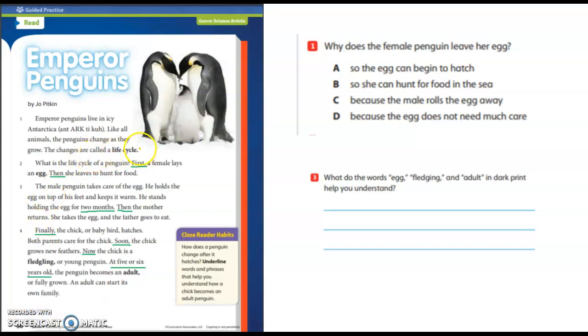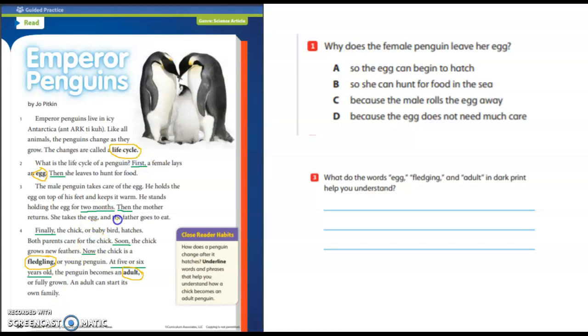I want to point out some text features. Now, text features give us more information about a text. I see some really important bold words. So we have life cycle, egg, fledgling, and adult. These bold words are important words to the text because the egg is the first step.